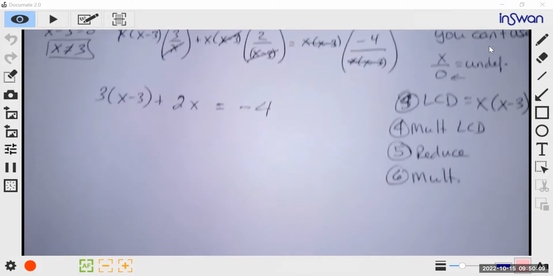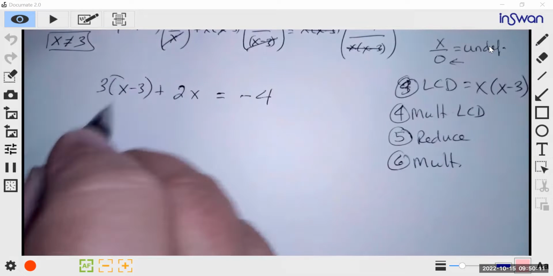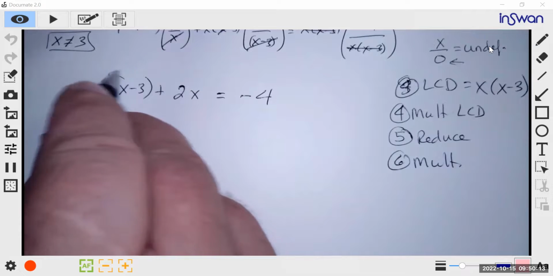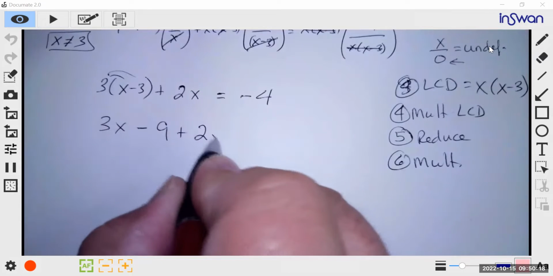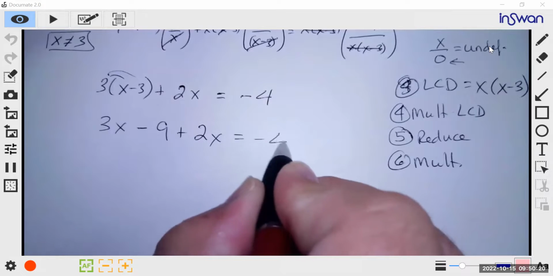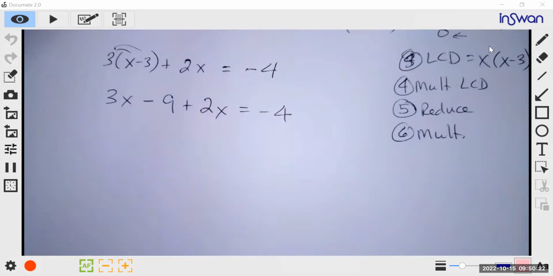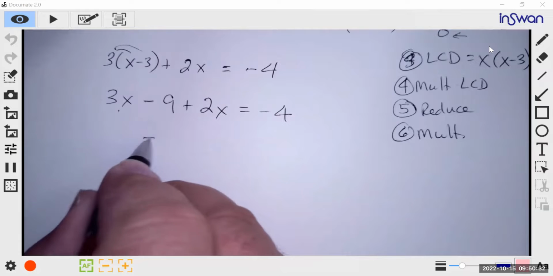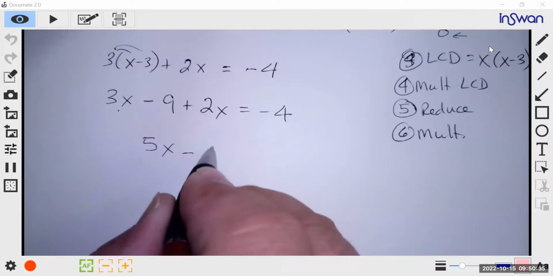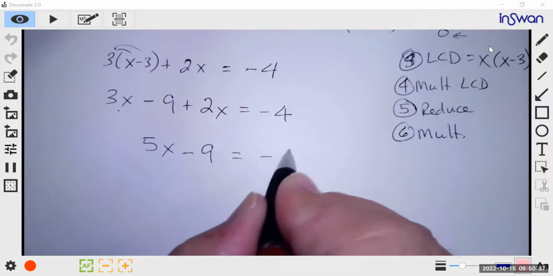Multiply to get rid of the parentheses. 3 times x is 3x. And positive, negatives, and negative. 3 times 3 is 9. Whenever you get rid of parentheses, always combine like terms. 3x plus 2x is 5x minus 9 equals negative 4.